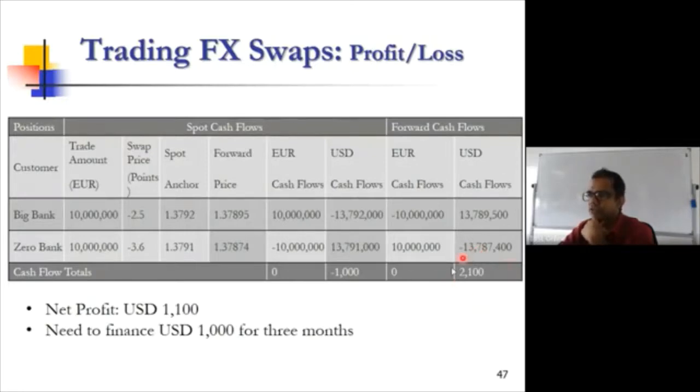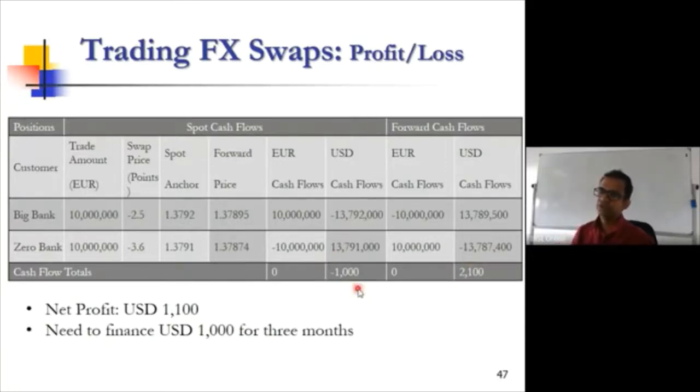So you get a 2,100 gain. But remember, you had a loss of 1,000 on the spot date. So ignoring the time value of this $1,000, you can say net profit is 1,100. On the forward date, you earn 2,100.